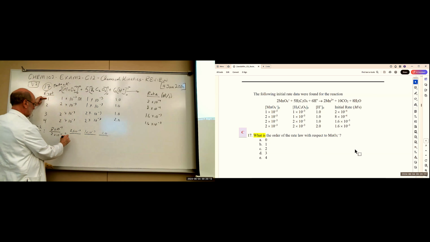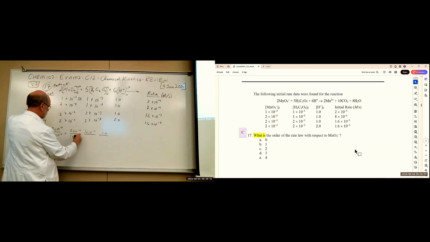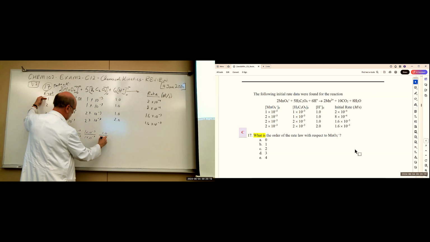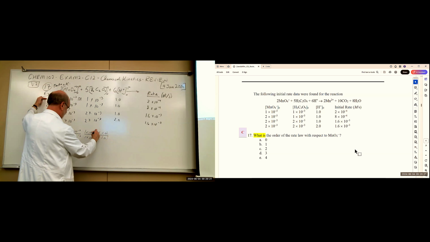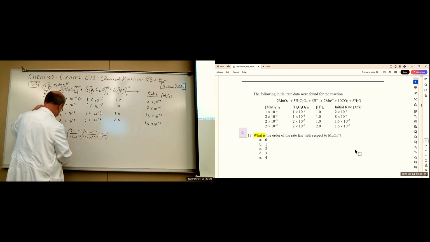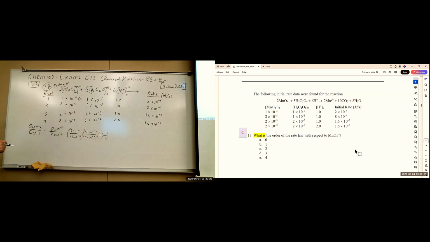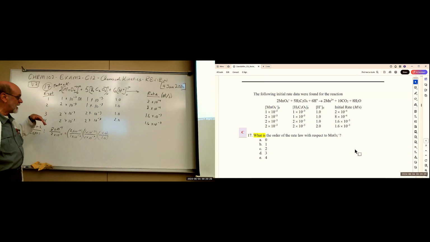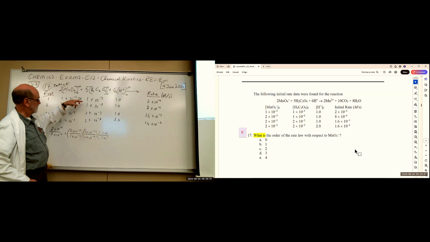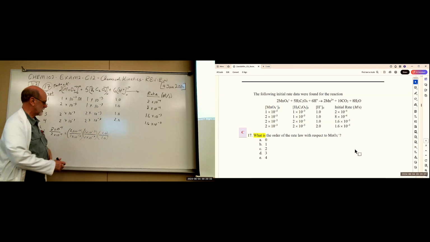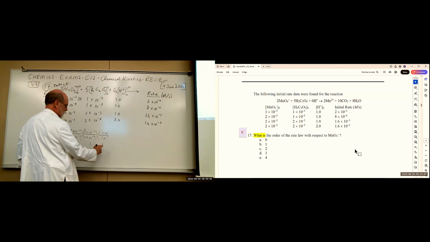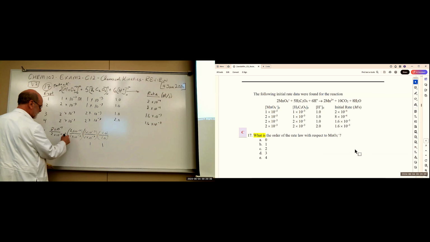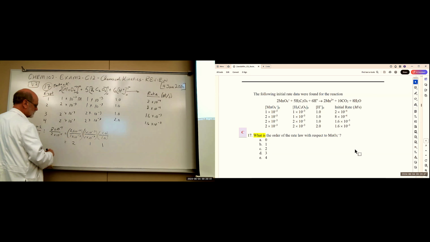And then the first one is 1 times 10 to the minus 3. And these are unchanging. Okay. So now, this explains, I think, why we keep these constant while this one varies, because these are going to cancel out. Those are going to be 1 and 1.